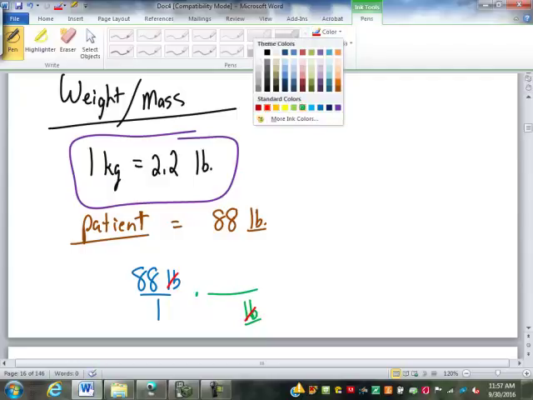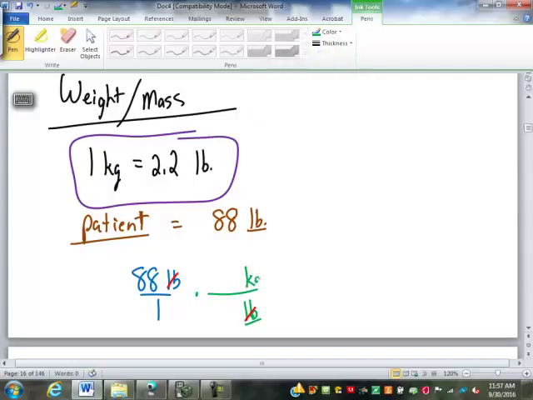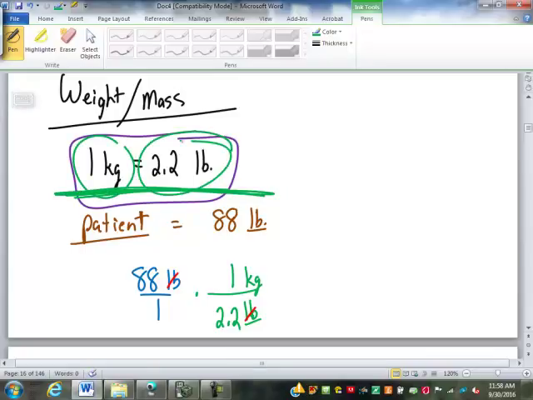So then on top, we're changing it to kilograms, so I'm going to put kilograms up there. Now what's my relationship between kilograms and pounds? Yeah, exactly. 1 kilogram equals 2.2 pounds. So once you get the units in there, you just look at the equivalency, and that tells you the numbers. 1 goes with kilograms, 2.2 goes with pounds.